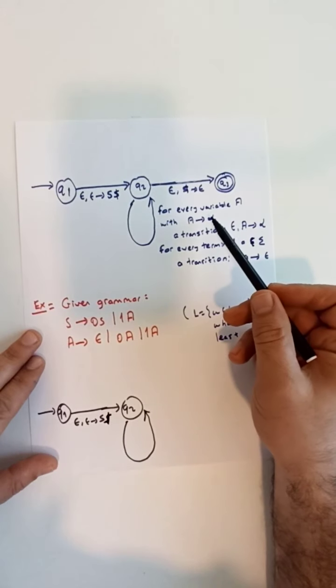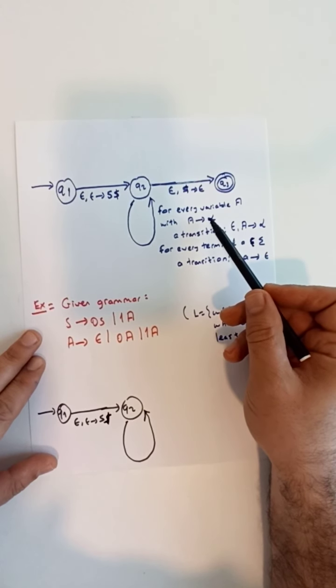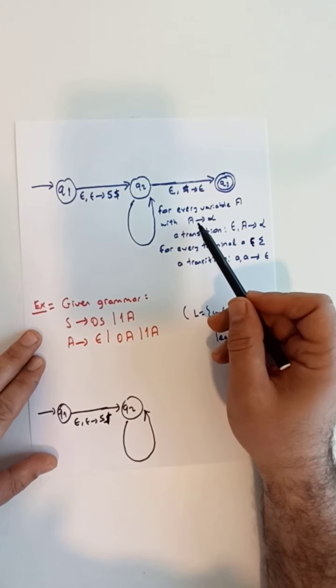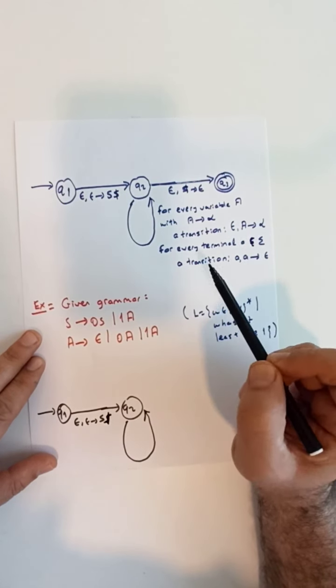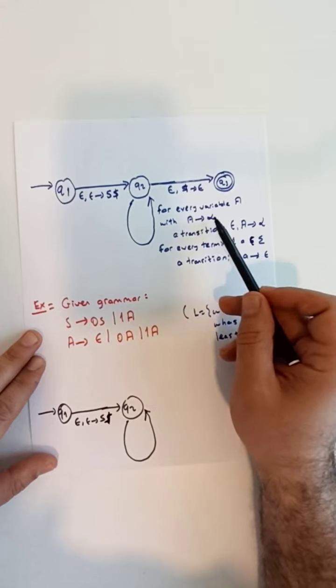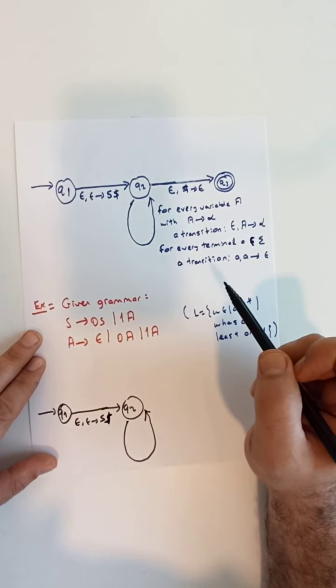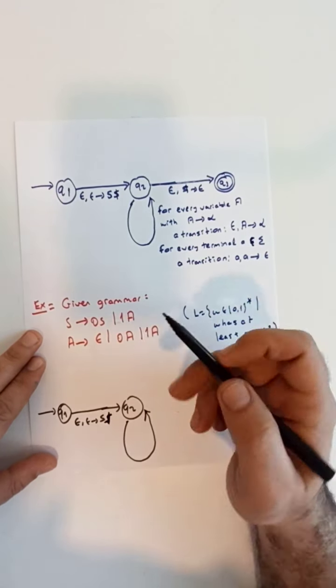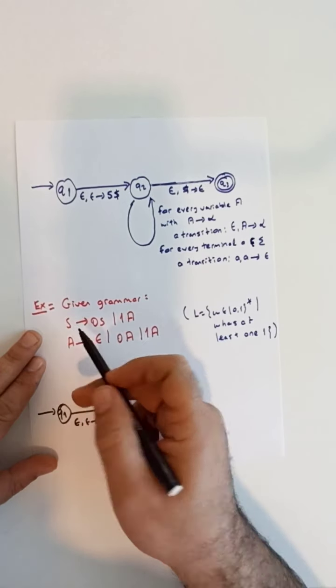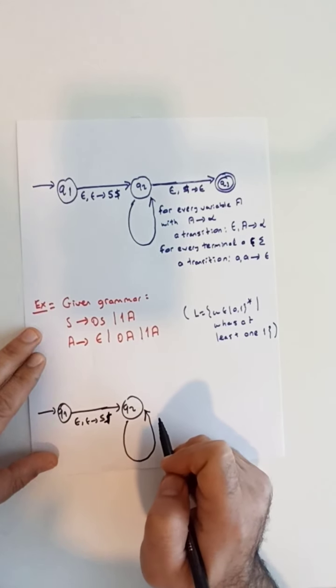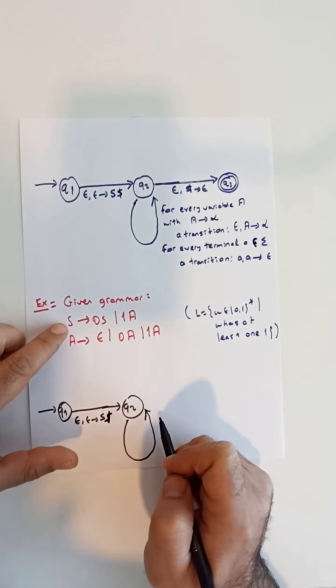Remember that for every variable A in the grammar, we need to write a transition of the following form: epsilon, A, alpha, where A goes to alpha is a rule in our grammar. Let's start with S for instance. For S we have two rules.